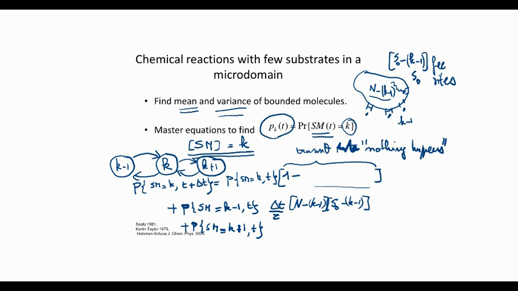So we need to choose now one of them. So it's 1 out of k plus 1 that needs to have a transition, so to be unbound, which happens with a constant k minus 1, which is the backward rate, k minus 1 multiplied by delta t.